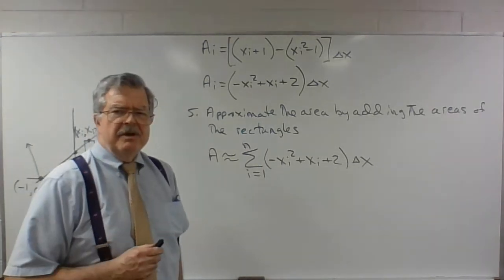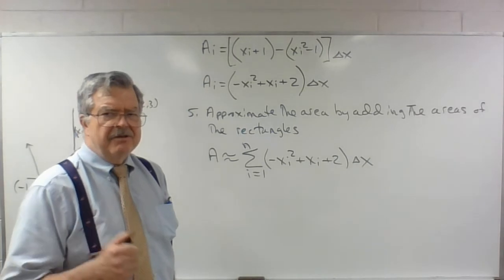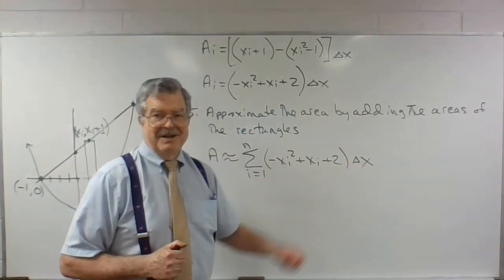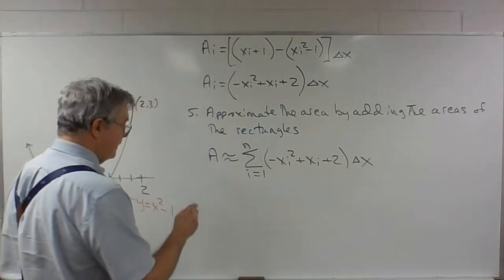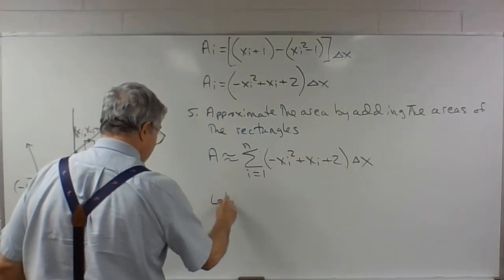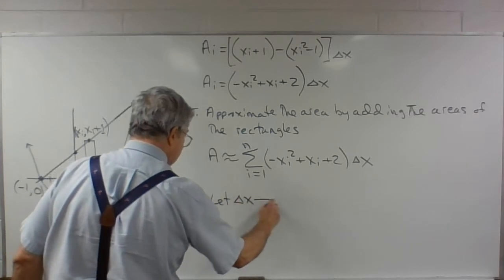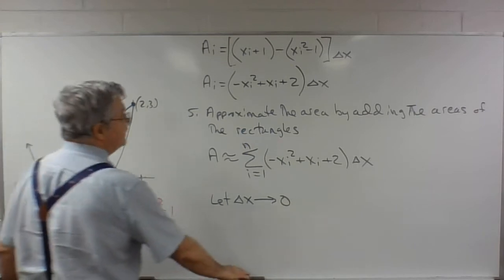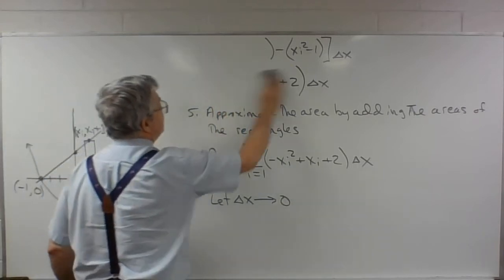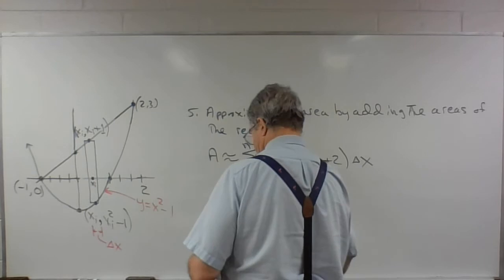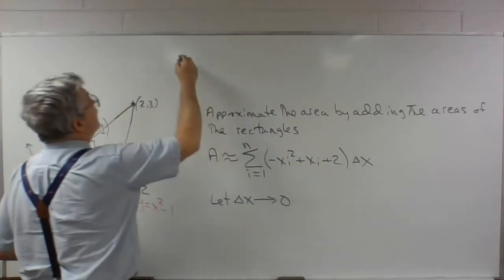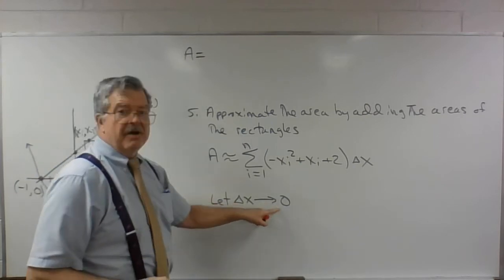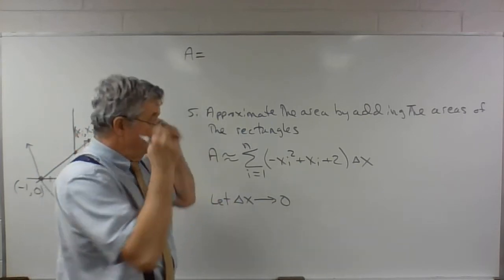Now, do you remember what it was that we did to make this exact? We let delta x go to 0, didn't we? And in that case, we get the area exactly. When we let delta x go to 0, magic happens.